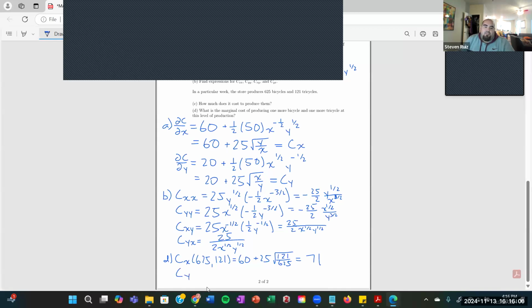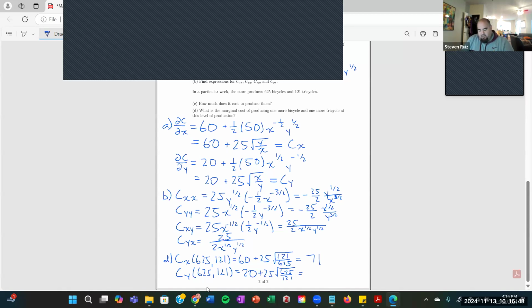What about the next tricycle? The marginal cost of the next tricycle at these levels will be 20 plus 25 times the square root of x over y. So 625 over 121. So marginal cost here is, I felt like that should have come out to an integer.